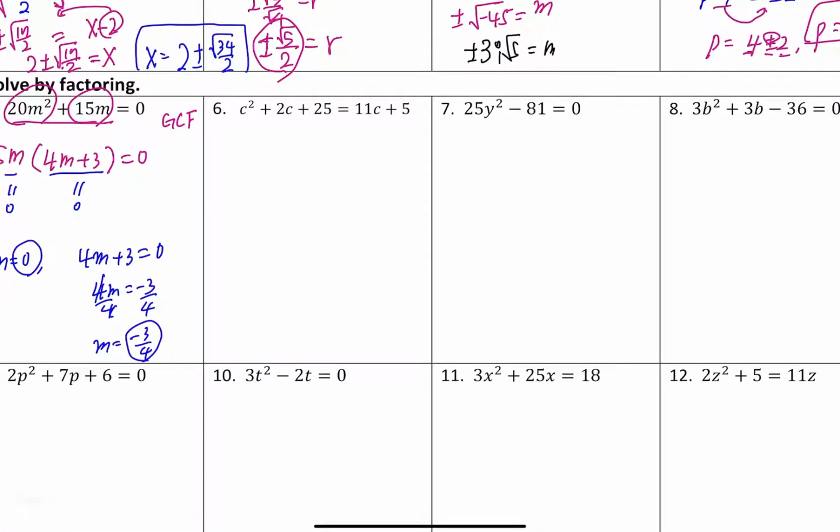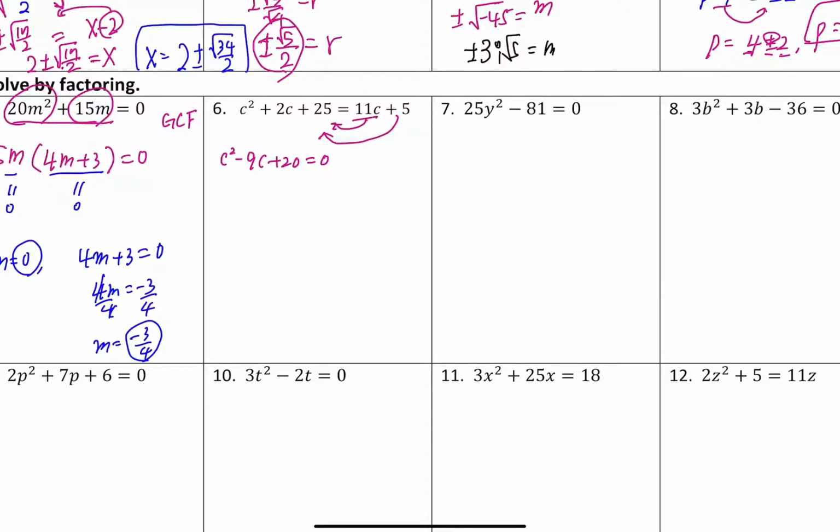Okay. To use factoring way, you should make one side of equation 0. So you move these two terms to the other side to make one side of equation 0. So c squared minus 9c and then plus 20 equals 0. And then factor them.